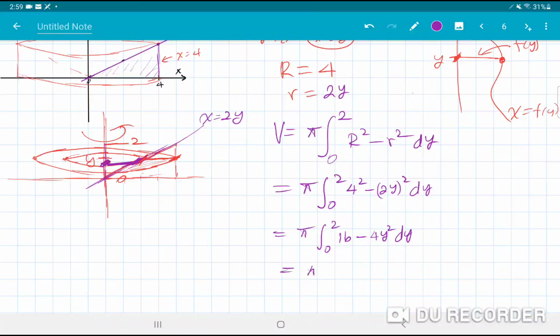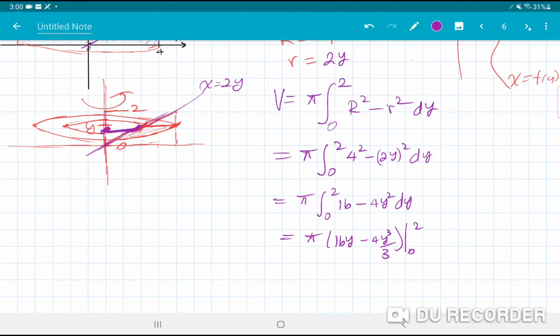This is pi times 16y minus 4y cubed over 3. Evaluate that from 0 to 2. So put 2 in, and then put 0 in.